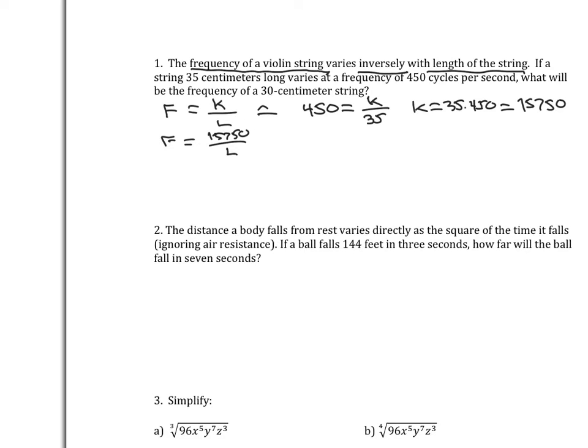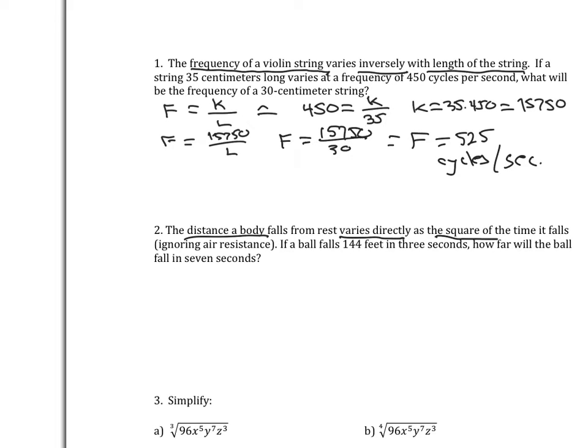So we will plug in and get that the frequency equals 15,750 over, in this case, 30. And that's going to give us that the frequency is equal to 525, and that is in the unit of cycles per second.